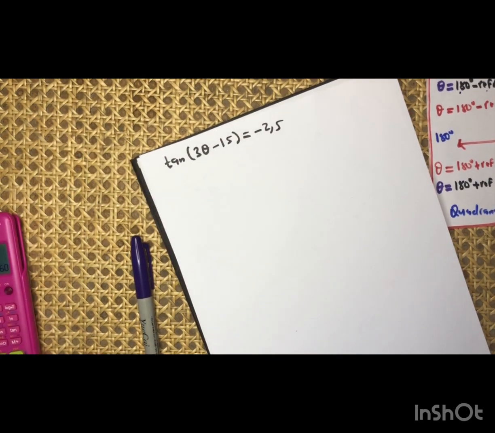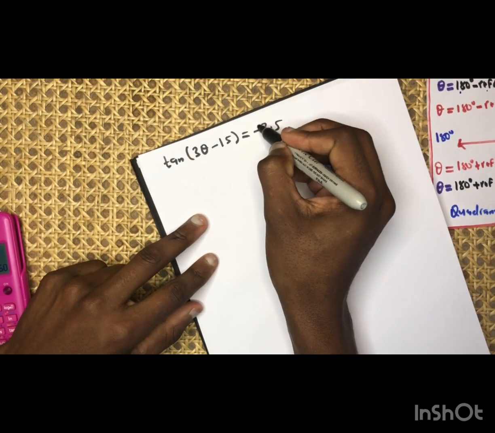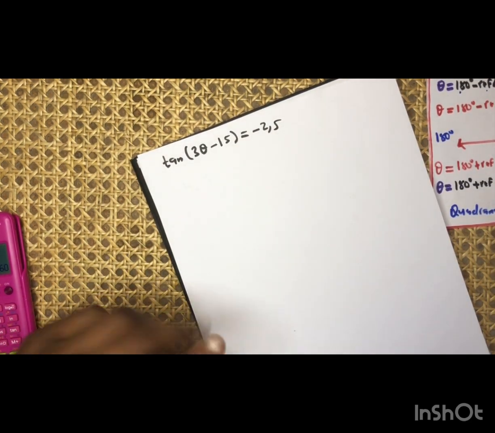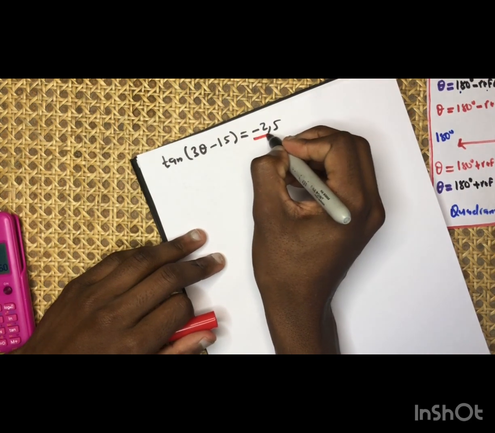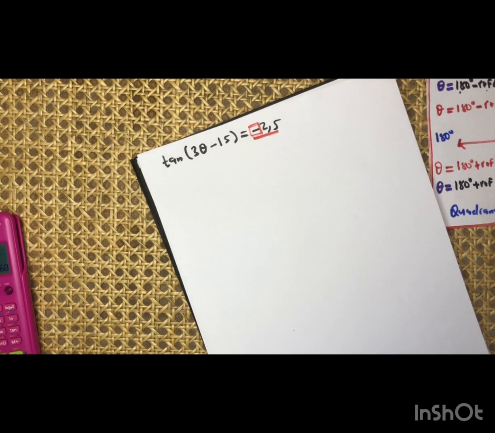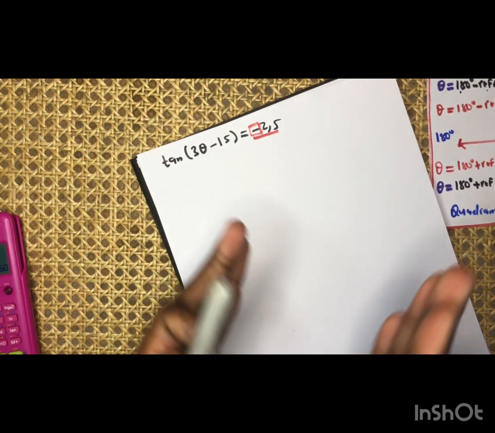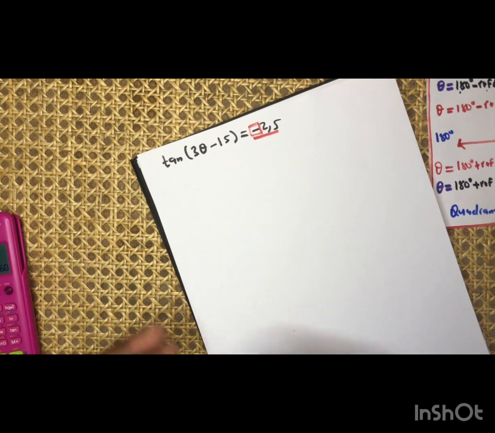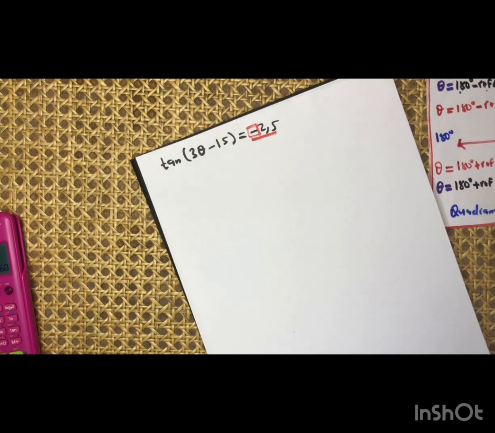Understand? So I'm solving for theta, guys, here. If I solve for theta, can you see, guys, this sign? Okay, let's use the red one so that you can see. Can you see, guys, our numerical value here is negative. So we need to find the reference angle first, and we go to the quadrant where tan is negative. Understand?